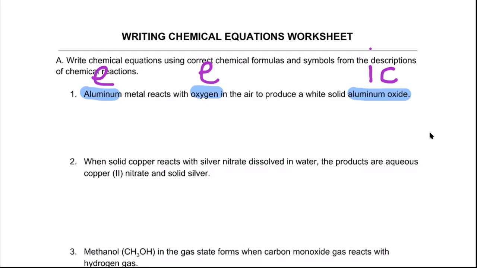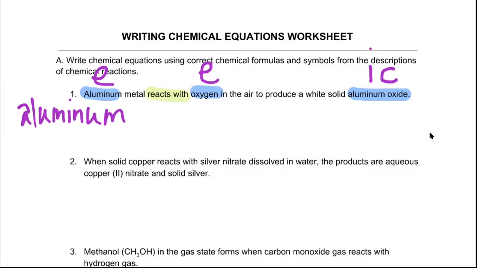Okay, so now I want to write this in an equation form with the words. So I'm going to take aluminum. So I have aluminum. Now, it says right here aluminum metal reacts with.